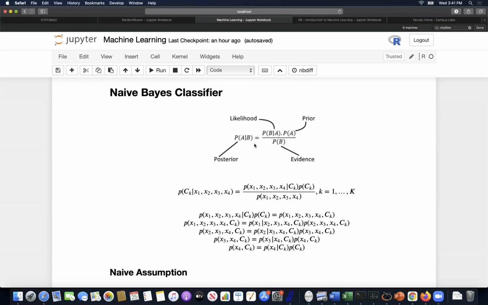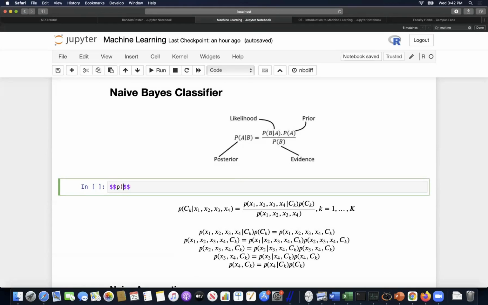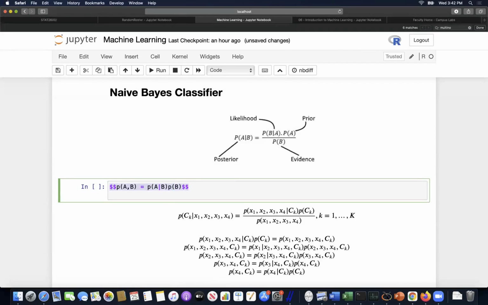But in the end, if you multiply P of A given B by P of B, that's the joint distribution of A and B, joint probability. So that is P of A comma B. P of A comma B is P of A conditioned on B times P of B. That's the definition.